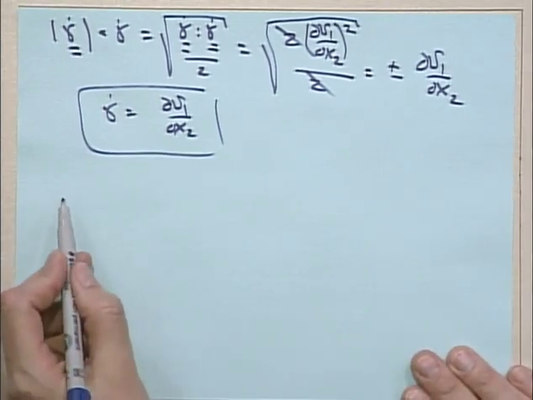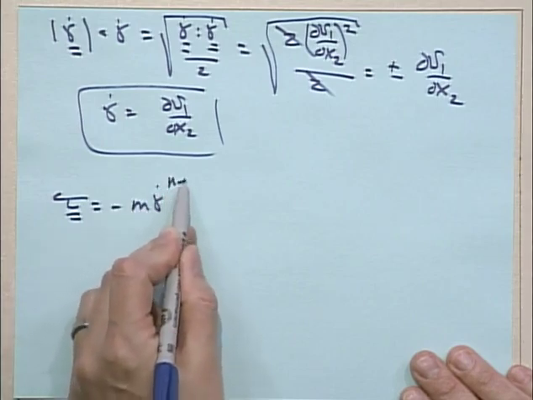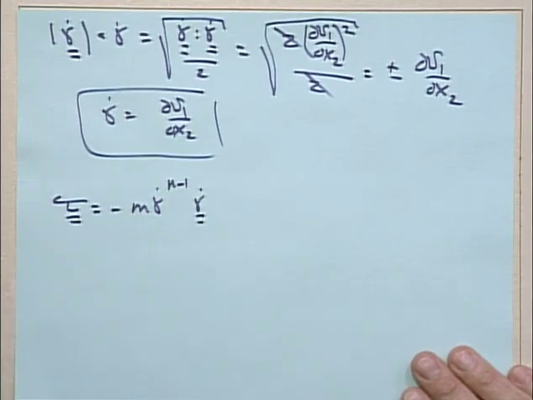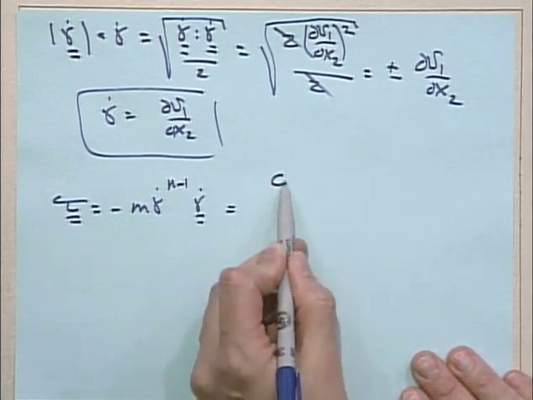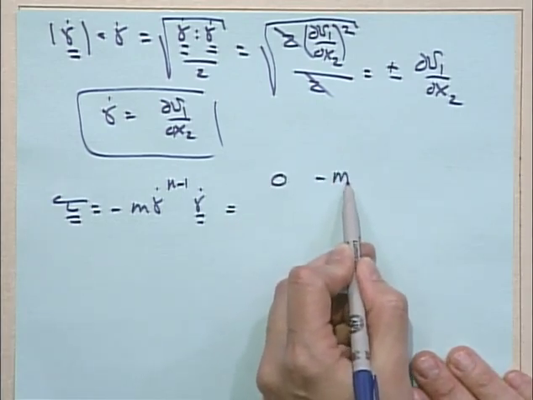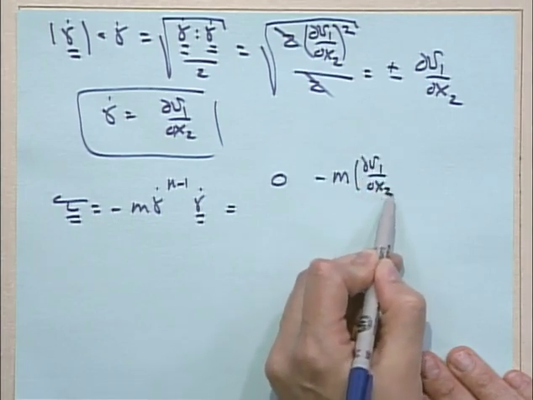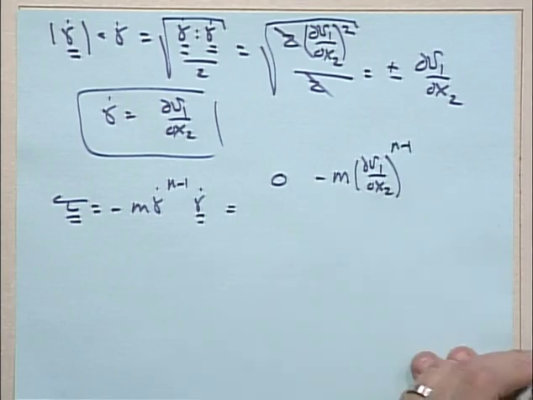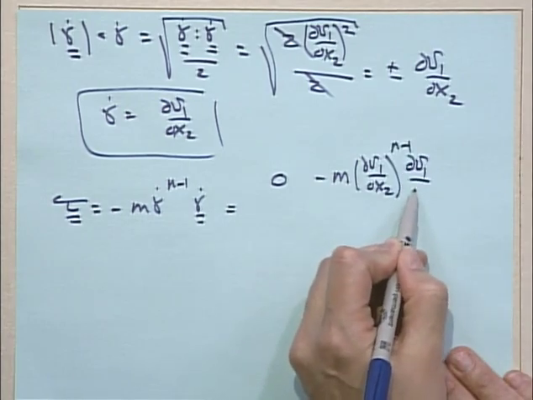So now we assemble tau. Tau is equal to minus m gamma dot to the n minus 1 times gamma dot the tensor. In this case, there's just a component here.